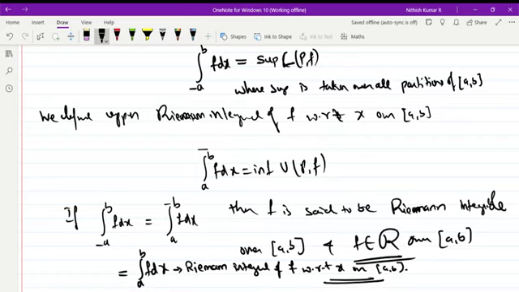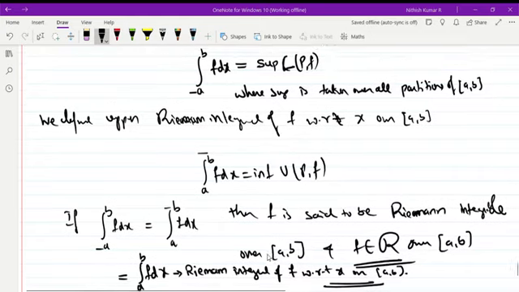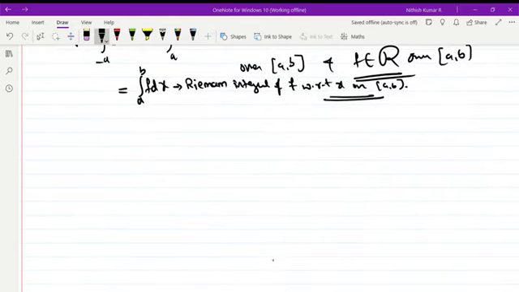Now see, a Riemann lemma: the lower Riemann integral need not always be equal to the upper Riemann integral.